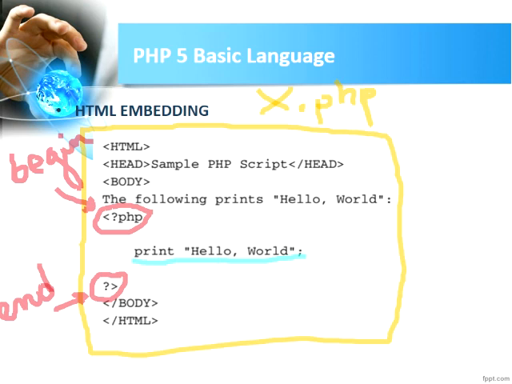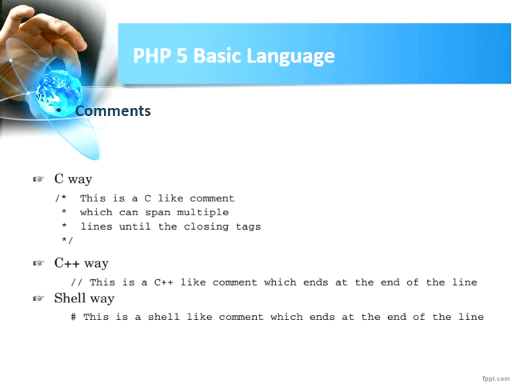Good. Next question. What are the possible manners to create a comment in PHP code? Yes, there are three possible manners. We can use the first one, like the C language, this manner like the C++ language, or this manner like shell language.